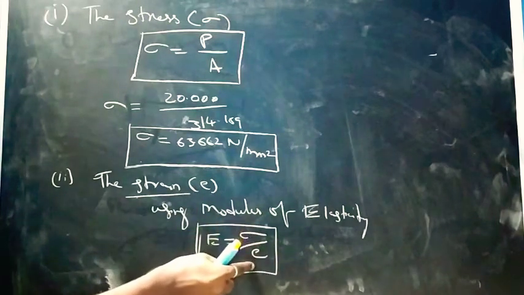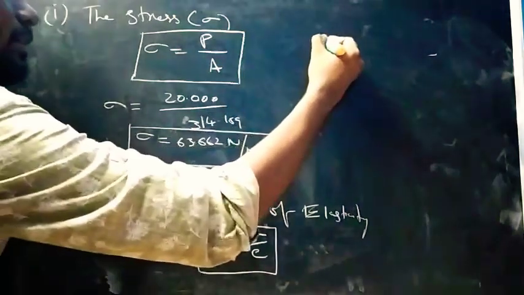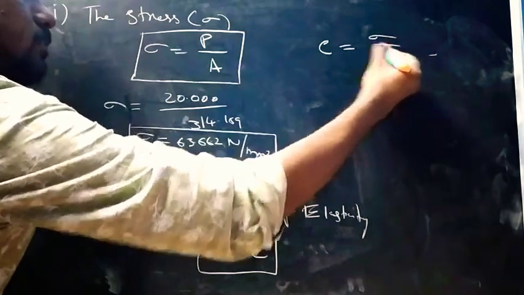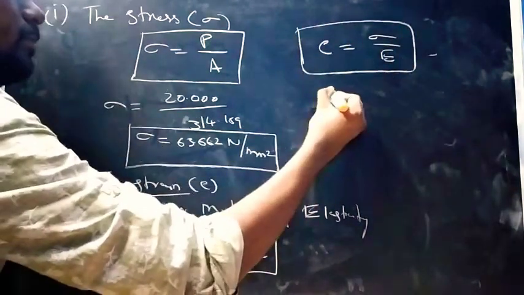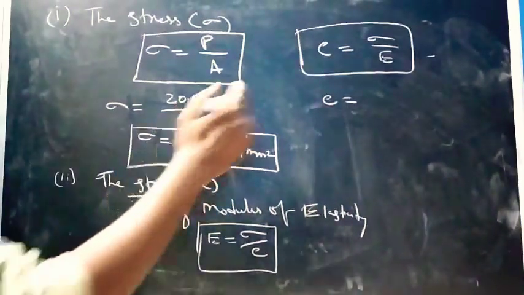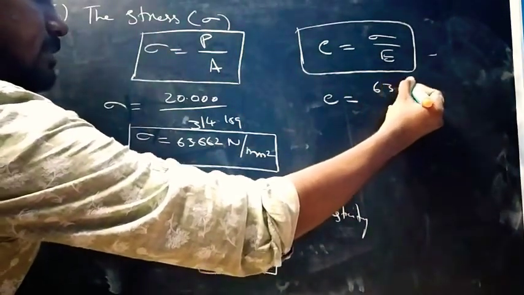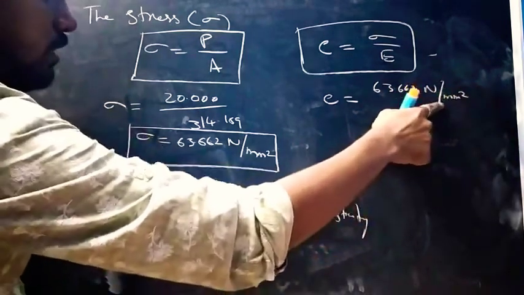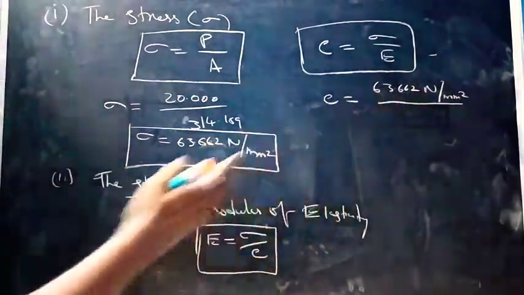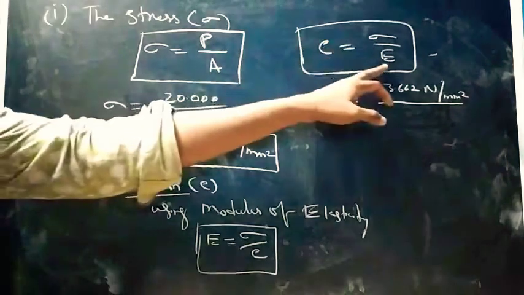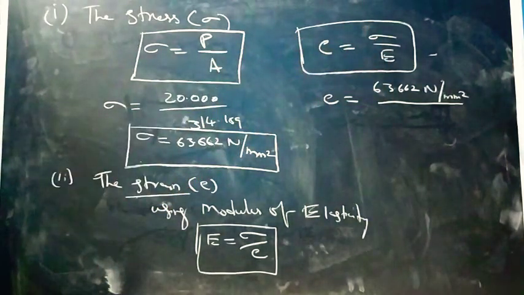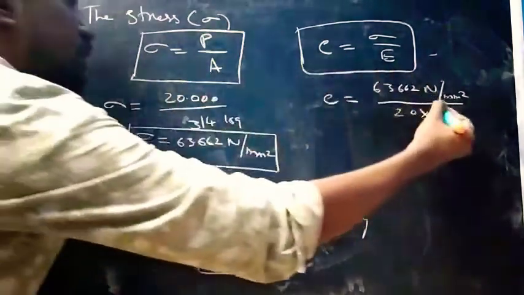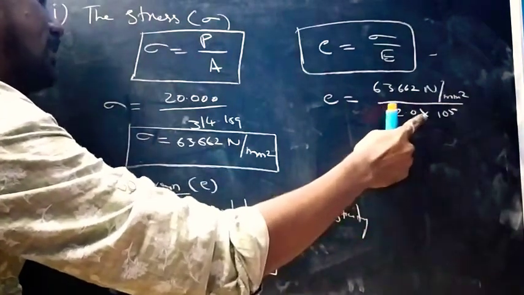Young's modulus equals stress by strain. From here I can get epsilon equals sigma upon Young's modulus. So what is the stress we got? 63.662 Newton per mm square. Wherever possible, try to write the Newton units so that it will be very clear. Upon Young's modulus, which is already given in the question, that is 2.0 into 10 to the power of 5.